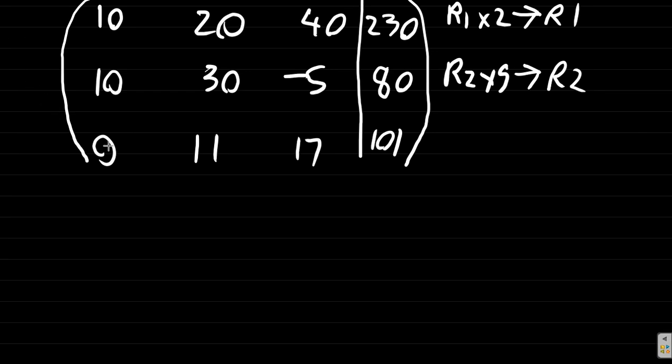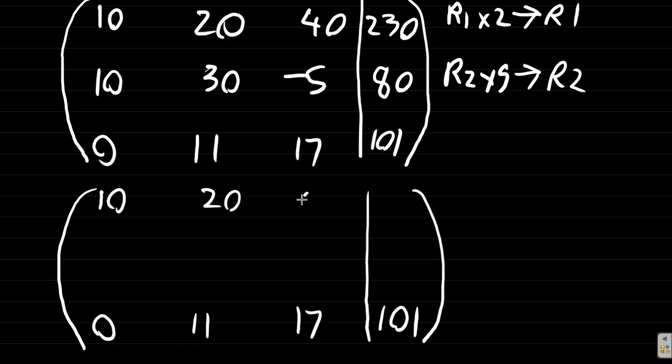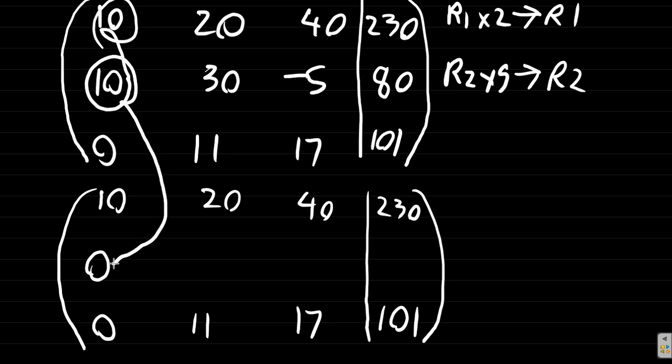Now, the thing is, what do we do at the next stage? As I said, row 3 is safe. You don't want to trouble row 3 right now because you have this 0 there and you don't want to lose it. We want to keep row 1 as it is for now. So that's row 1. We want a 0 right here. So how do we do it? 10 minus 10 will give you 0.